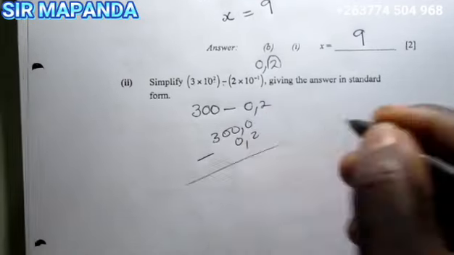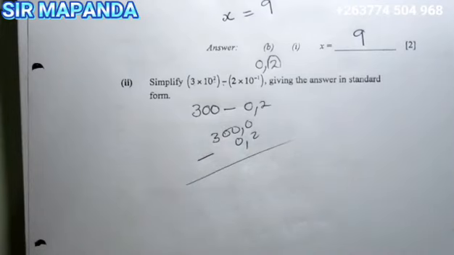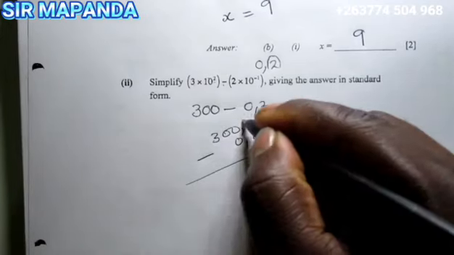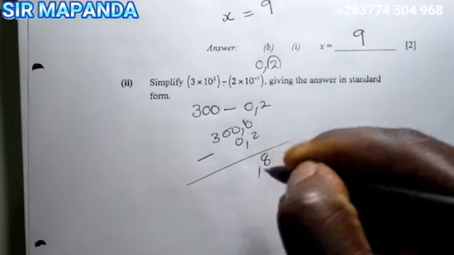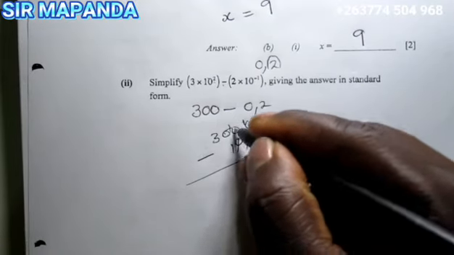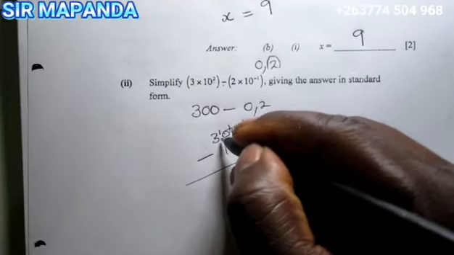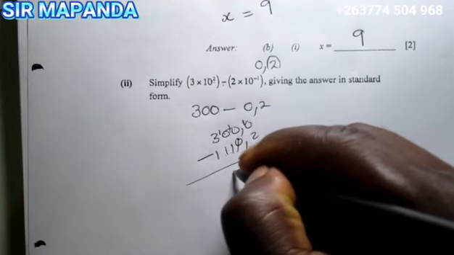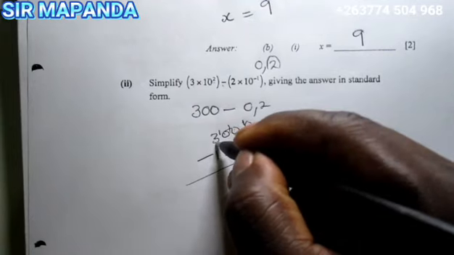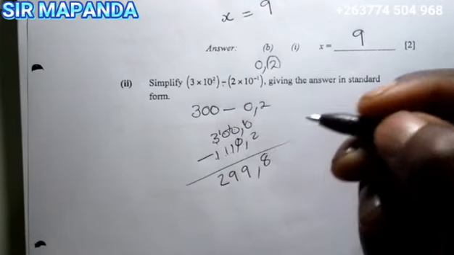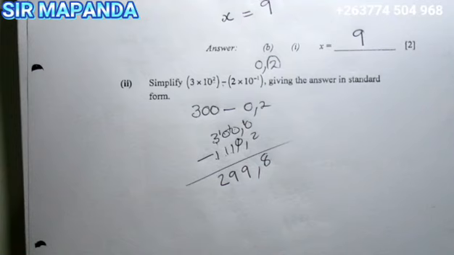So 300 will be written as 300.0 minus 0.2. This is 8, carry 1. 10 minus 1, you get 9. Carry 1, 10 minus 1, you get 9. Then 3 minus 1, you get 2. So this is 299.8, right?